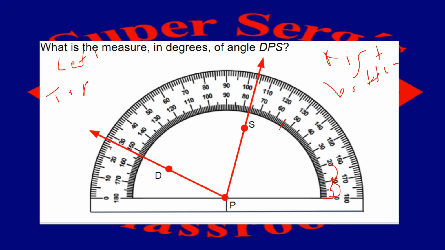So 25, 26, 27, 28. This to me is 28, because it's between 27 and 29. So this is 28 degrees.